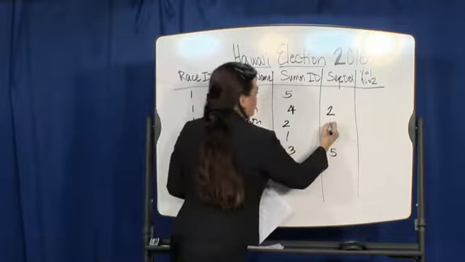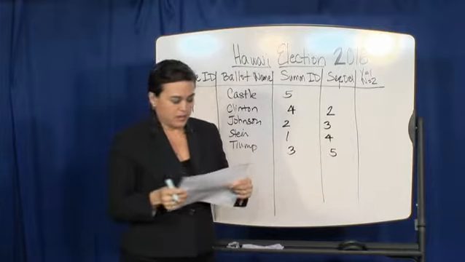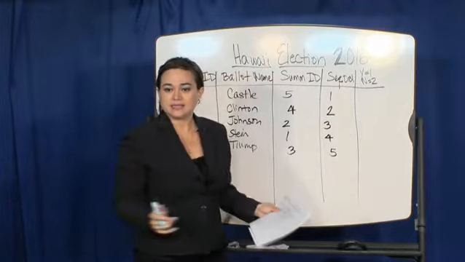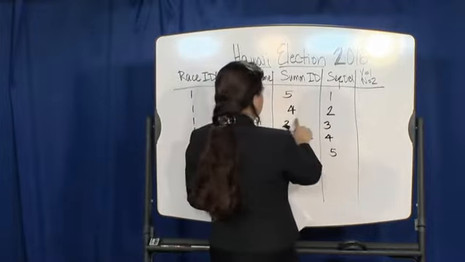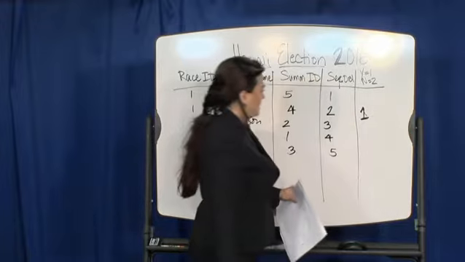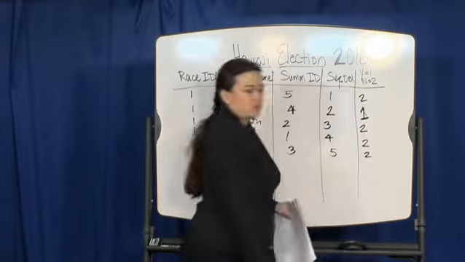Johnson is 3. And Castle becomes 1. This is the sequential order. Now 1 is for yes. Clinton 1. So we'll put a 1 here for her. Okay? And the rest get 2s. Those are the losers.